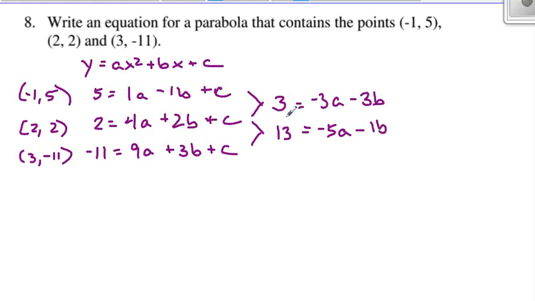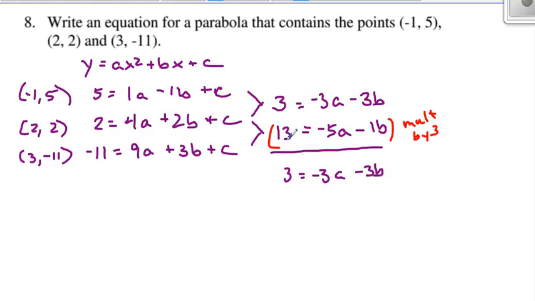Now nothing cancels automatically. This time we're going to have to multiply one of the equations. And I'm going to choose to take the second equation times 3 because that will get the 3b's to match. So multiply by 3. All right, so I'm going to rewrite the first equation exactly as it was. I'm going to multiply the second equation by 3.